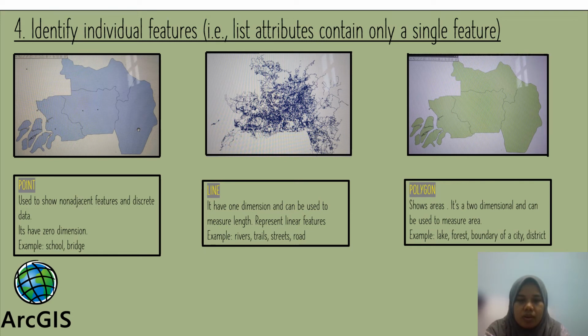And the example is river, trail, street, and road. Okay, for the last one is polygon. Polygon used to represent areas such as boundary of a city. Polygon have two-dimensional, and therefore it can be used to measure area and perimeter of a geographical area.